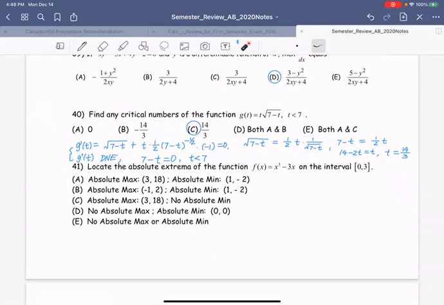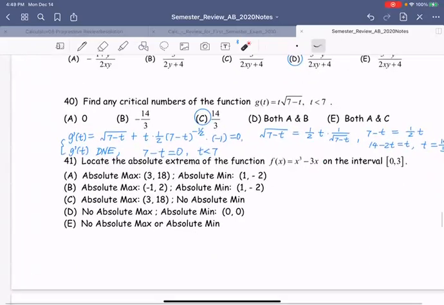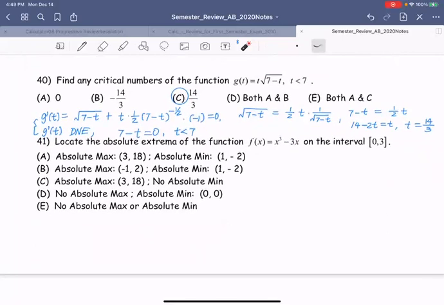Your inflection uses your second derivative. Critical numbers are like the first derivative; concavity and inflection are second. Extrema uses the first derivative. Extrema is looking for your candidate test, so do the first derivative.